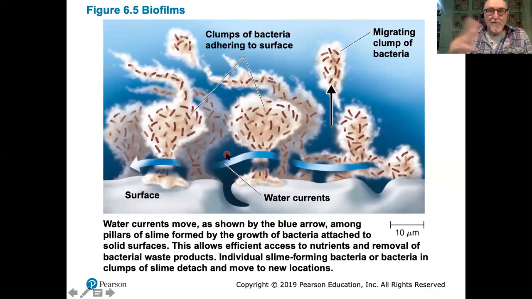If it's a natural biofilm, this would just be the water around it. If it's a biofilm which is forming inside the body, then it would be body fluids around the biofilm. But it allows the movement of oxygenated water, for example, oxygenated aqueous solution, to move through, carry away waste, bring nutrients, etc., etc.